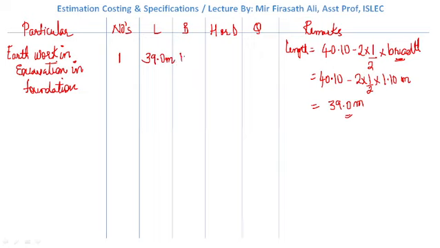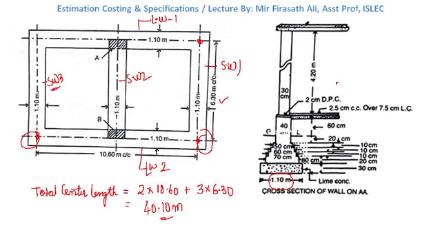What is the breadth? Now we already know it is 1.10 meters. So, what is the depth? Look at the figure. Count all these depths. This 30, this is how much? 30 plus 20, 50. Count all the depths till ground level.